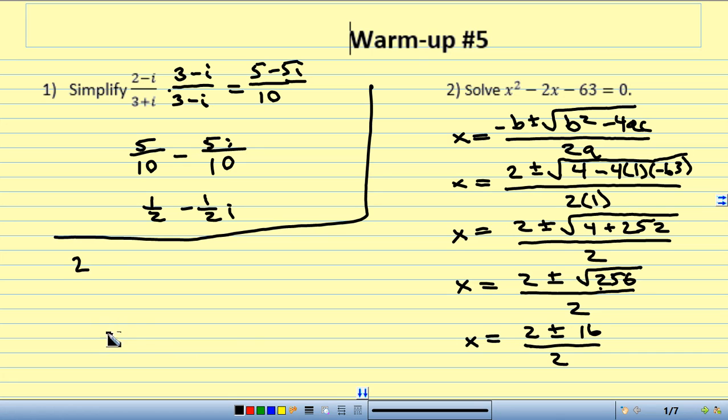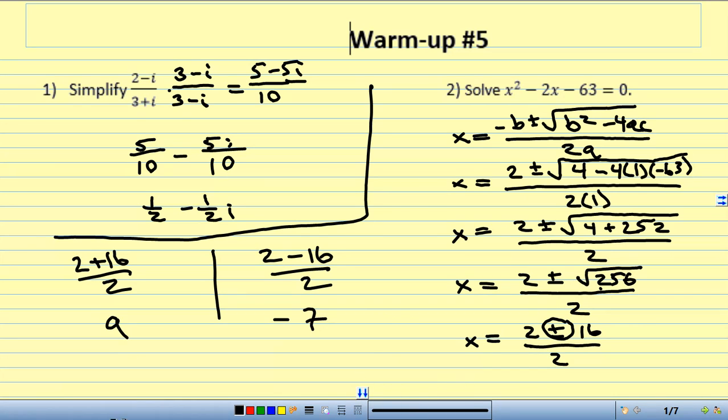I've got 2 plus 16 over 2 and 2 minus 16 over 2. 2 plus 16 over 2 is 18 over 2, which is 9. 2 minus 16 over 2 is negative 14 over 2, which is negative 7. So x equals 9, x equals negative 7. There you are, I've cleansed the daemon.